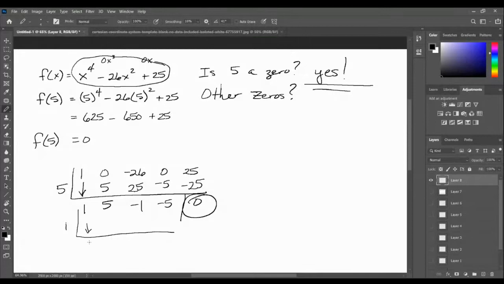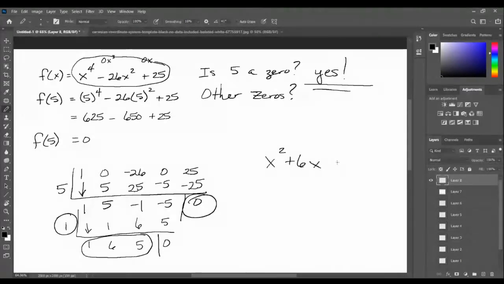So if I bring down the 1, times 1 is 1, add those together, 6 times 1 is 6, plus negative 1 is 5, times 1 is 5, plus negative 5 is 0. And I just found another 0. And now I've got a quadratic: x squared plus 6x plus 5.